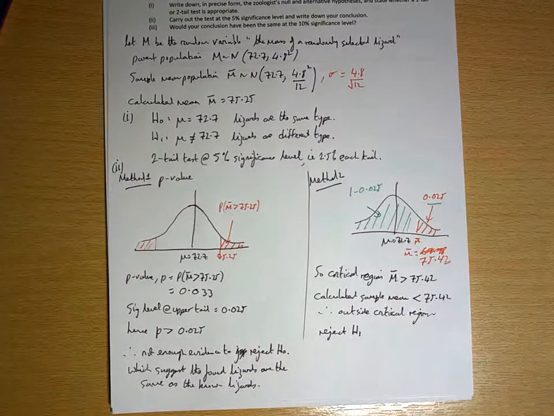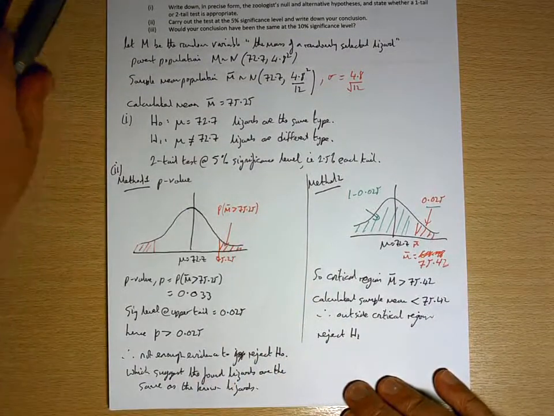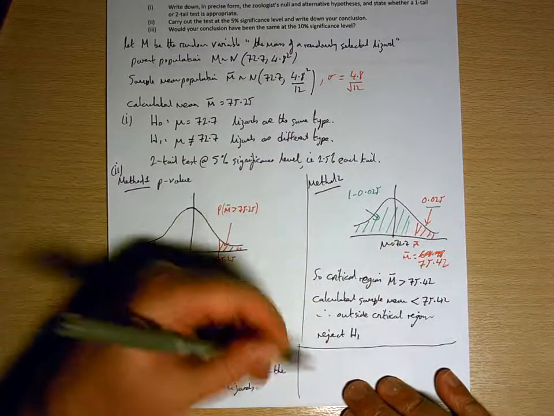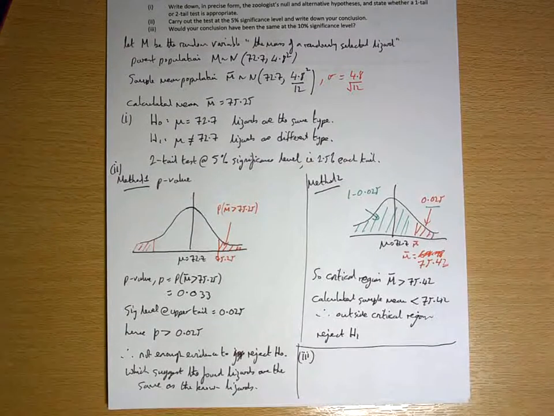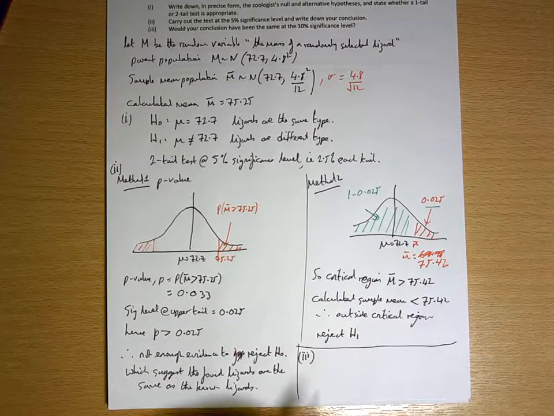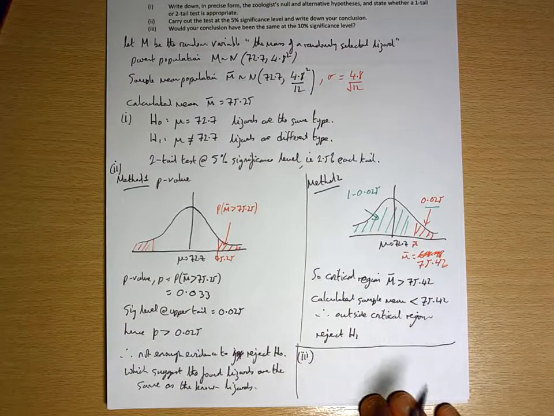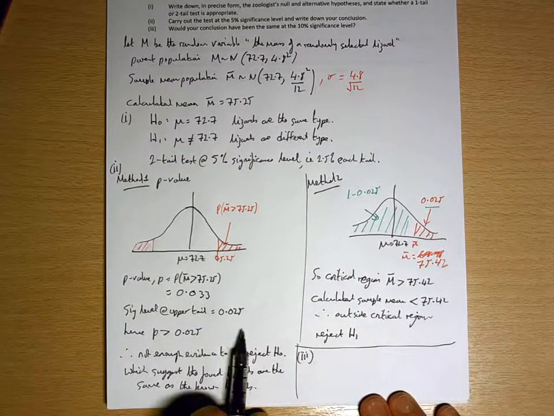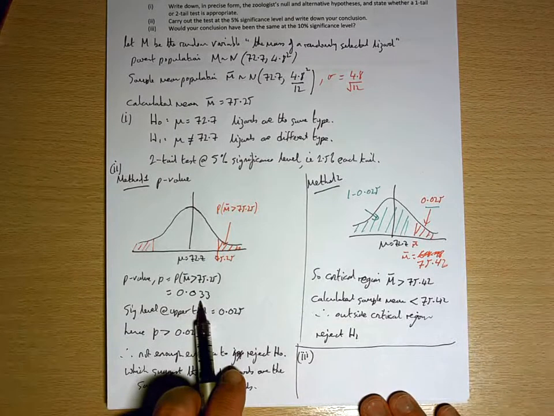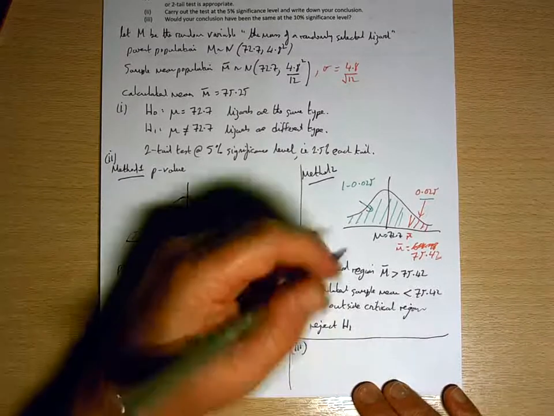Part 3, would your conclusion have been the same at the 10% significance level? So if I come down in this little box here for part 3, at the 10% level of significance, each tail we'd be comparing with 5%, and if we were comparing with 5%, then that would fall within it, or we'd have a different value there.